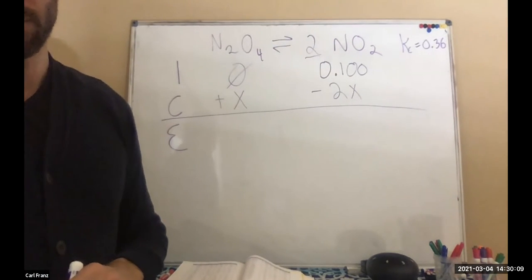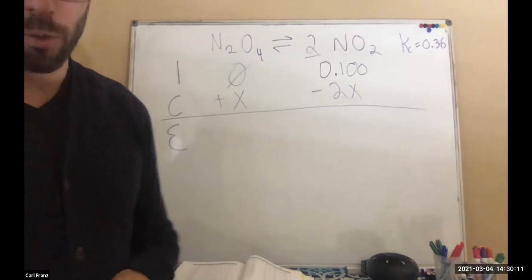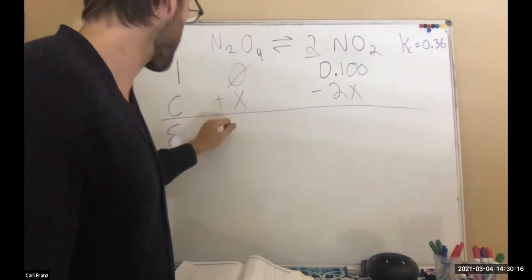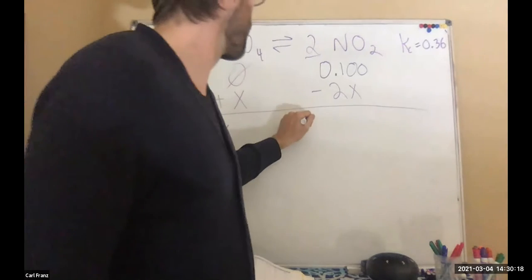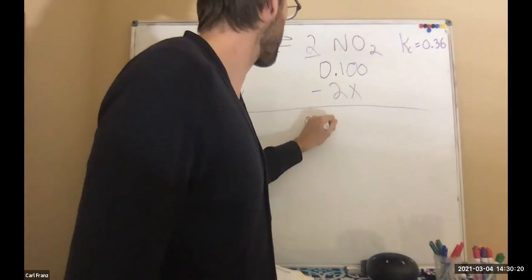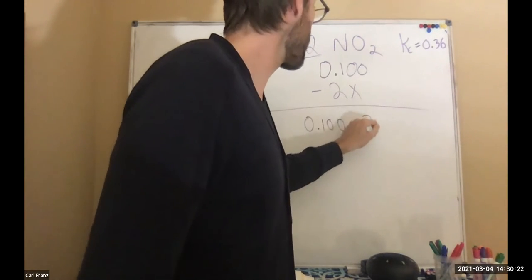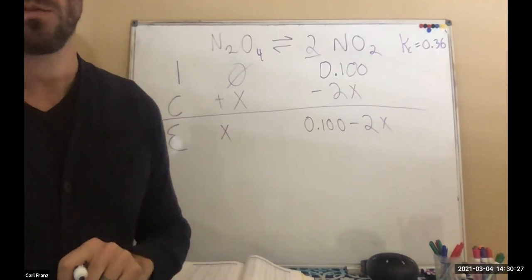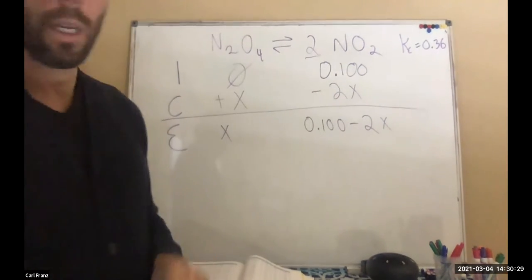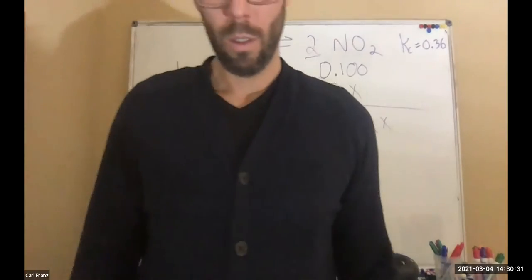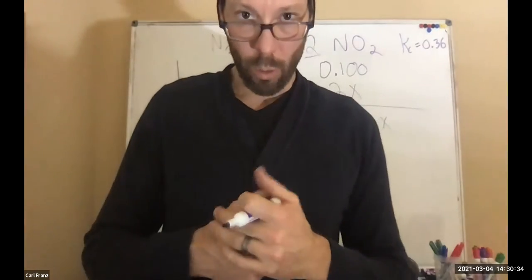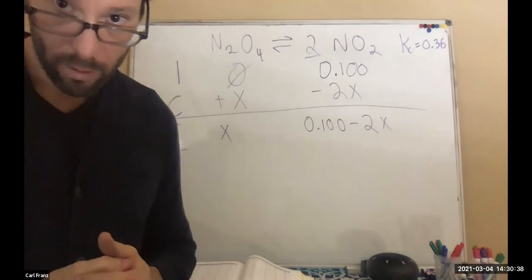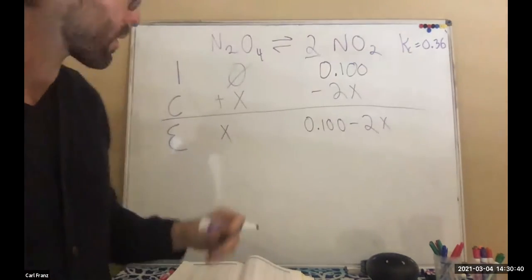Okay. So then what is the equilibrium representation? It's 0 plus x is x, and then 0.100 minus 2x. Take a moment to write out the equilibrium expression for it now. And then we solve for x. Set it equal to 0.36.